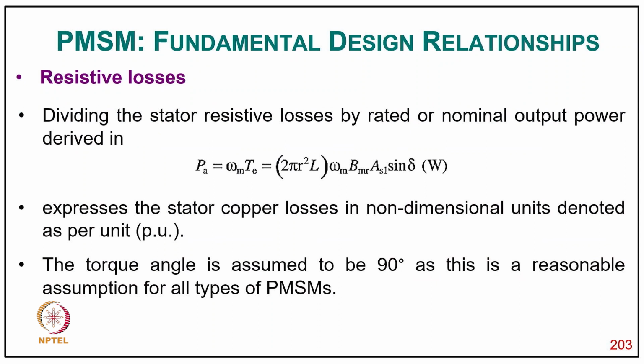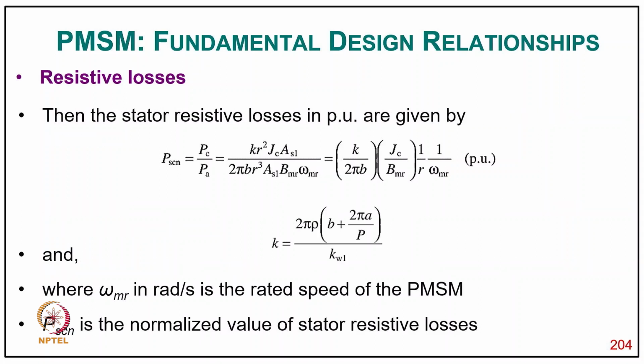So dividing the stator resistive loss by the rated output power, P equal to omega m T, that is 2 pi R square L omega m BMR AS1 sin delta in watts, expresses the stator copper loss in non-dimensional units, denoted as per unit. The total torque angle is assumed to be 90, as this is a reasonable assumption for all types of permanent magnet synchronous motors.